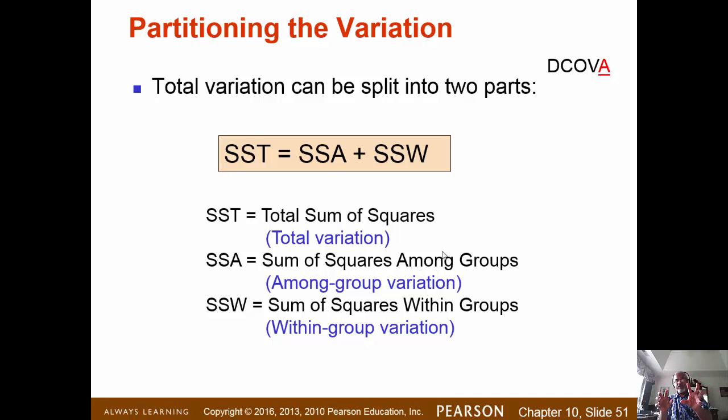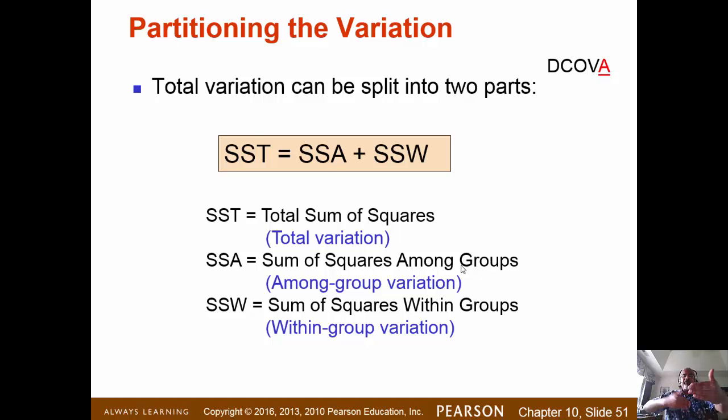The variance attributable to the differences in the groups, that's your sum of squares among the groups, and then the sum of squares within the groups. So within each group, how much variability is there? The variance attributable to the differences among the groups and the variance attributable to the differences within the groups.